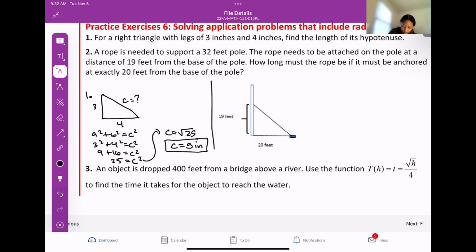That's for part 1. For part 2, we have this lovely little picture. We see that the pole that's given to us in this problem and the rope and the ground form a right triangle. We're given that one side is 19, or one leg is 19, the other leg is 20. And essentially we're trying to figure out what C should be, what's the hypotenuse.